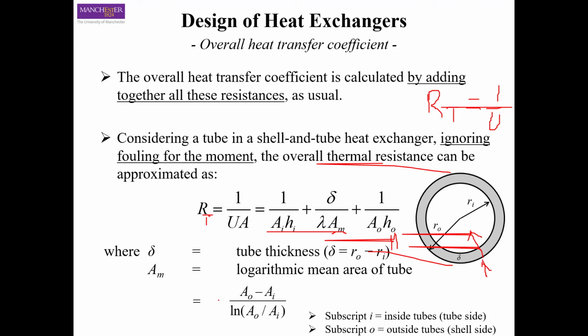So we have to calculate the log mean surface area. And you have done this in lecture 2 with Wenny. So we are comparing the effective area that is actually in use for the heat transfer.